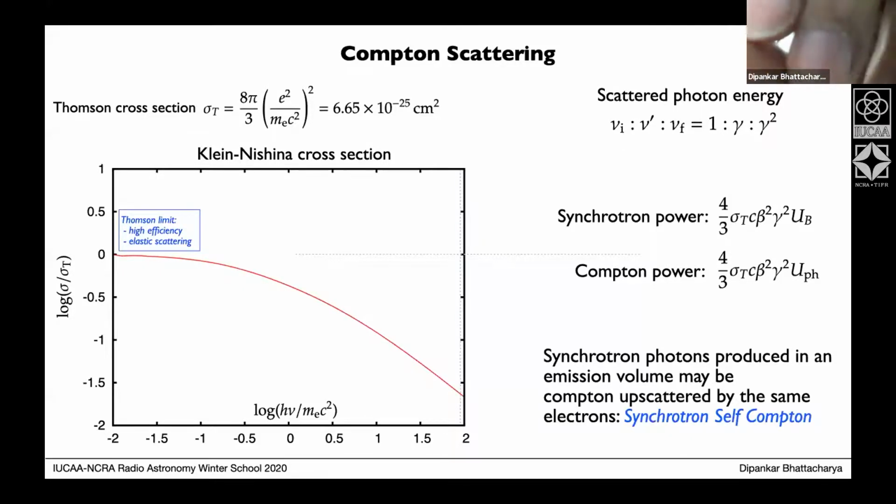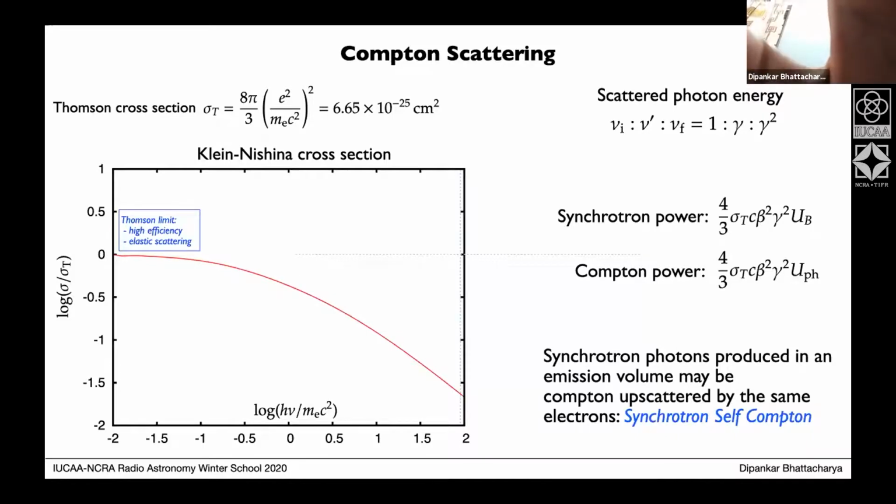When that value is very low, then the cross section is high. It is close to the Thomson scattering cross section. However, as the photon energy increases, the cross section drops. So this is the Compton scattering cross section, also known as the Klein-Nishina cross section.